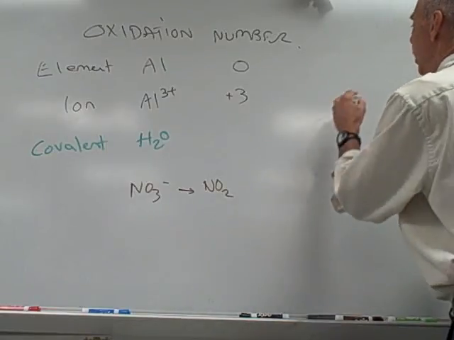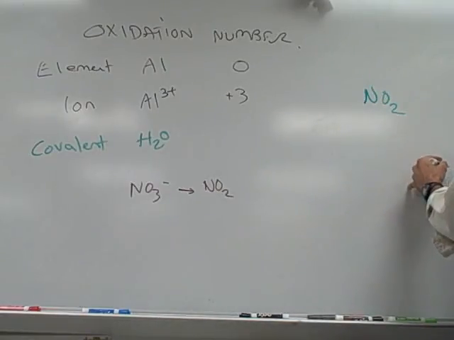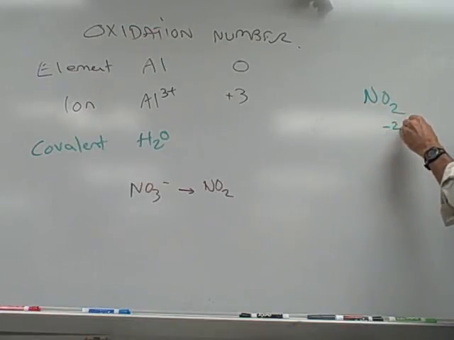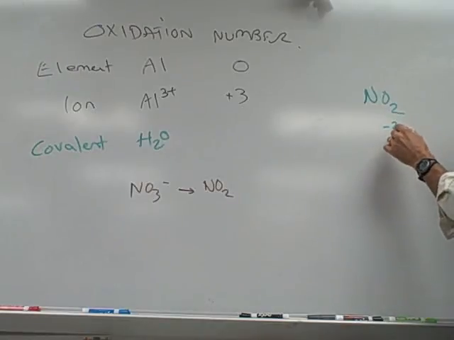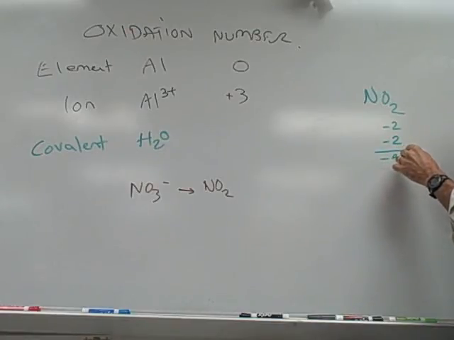Let's start with nitrogen dioxide, NO2. What did we say just a moment ago? What's typically the oxidation number of oxygen? -2. How many oxygens are there? 2. So each of them contributes a -2, total of -4.